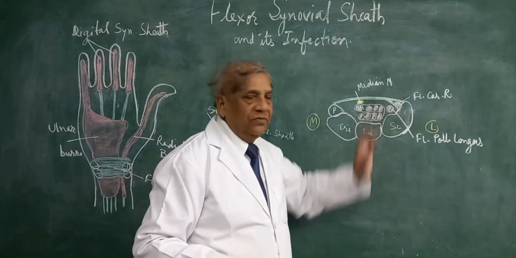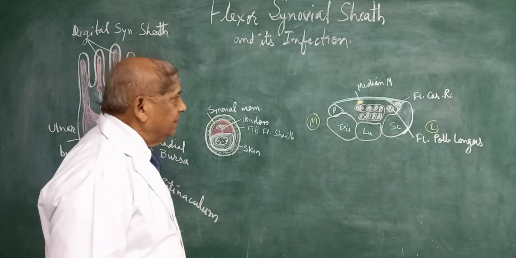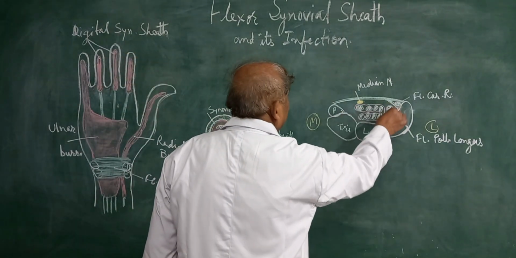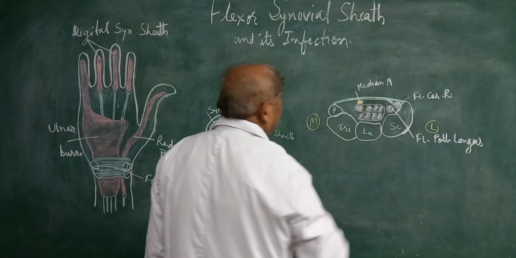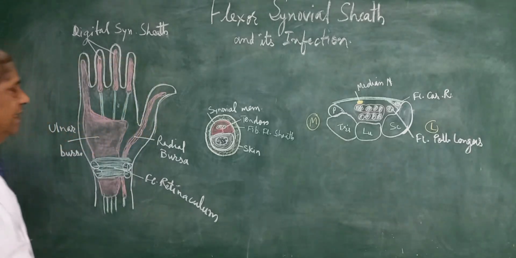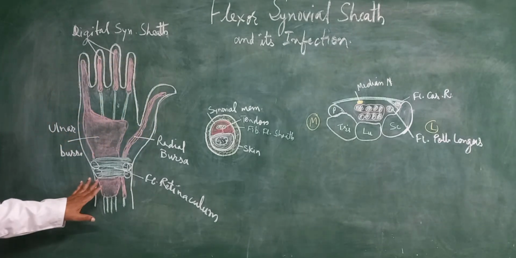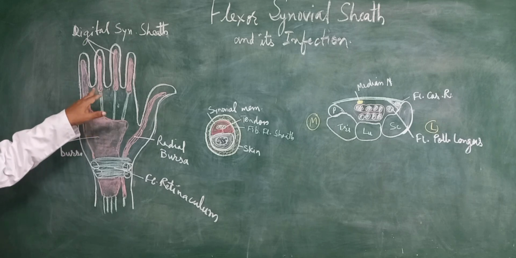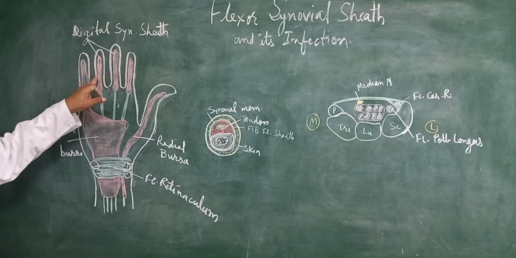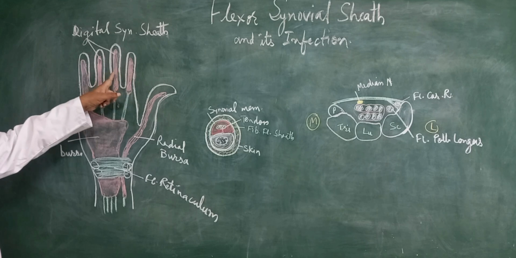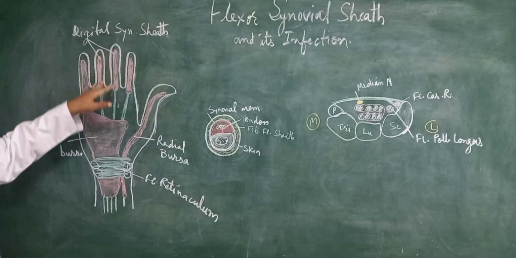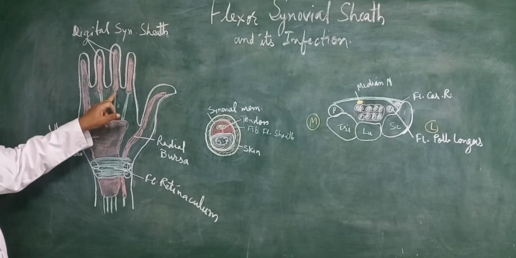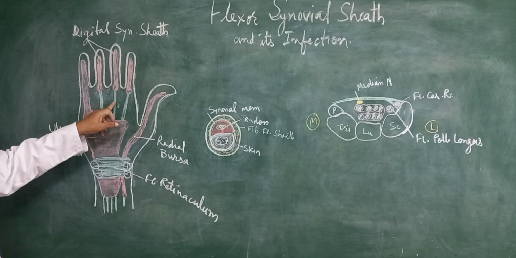This is also surrounded by a separate sheath. Let us concentrate on those sheaths which are related to the fingers. If you see, the sheath again becomes continuous in the index finger, middle finger and ring finger, and they have separate sheaths around the tendons of flexor digitorum superficialis and profundus.